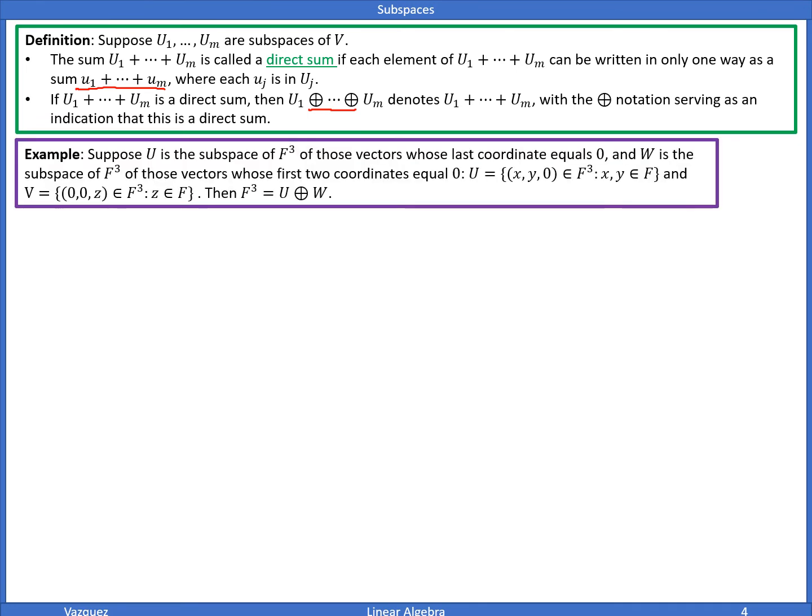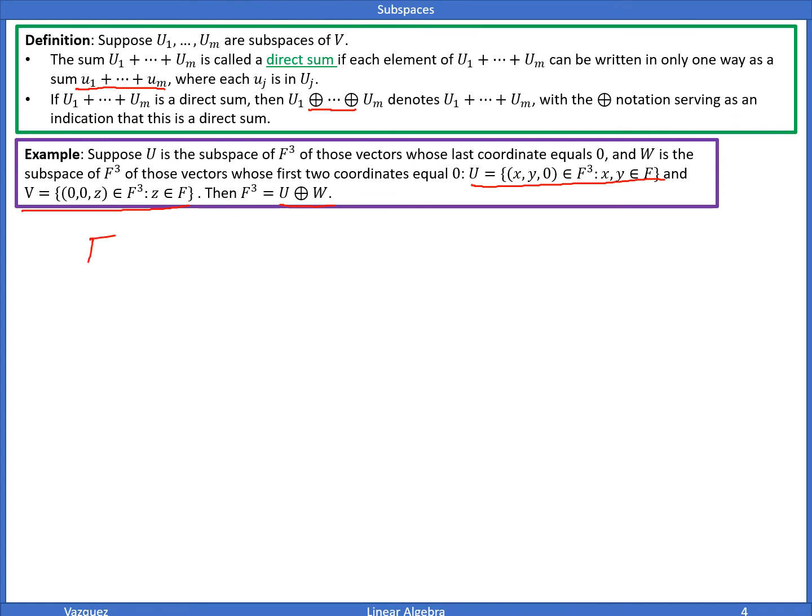Here's the example. Suppose U is the subspace of F3 of those vectors whose last coordinate equals 0, and W is the subspace of F3 of those vectors whose first two coordinates equal 0. Then U plus W is actually a direct sum. Why is that the case?